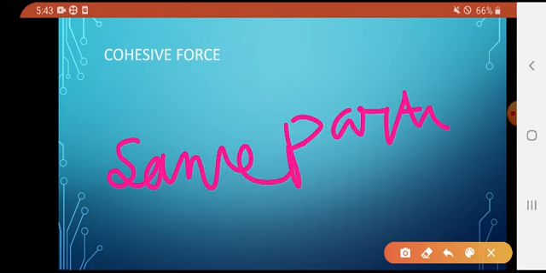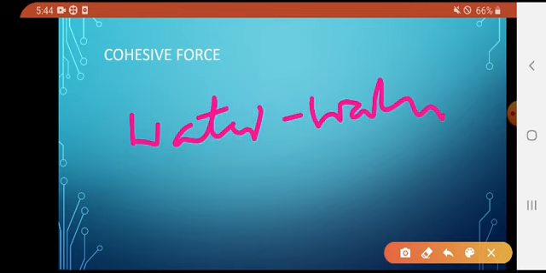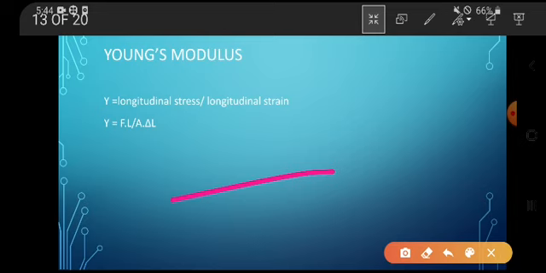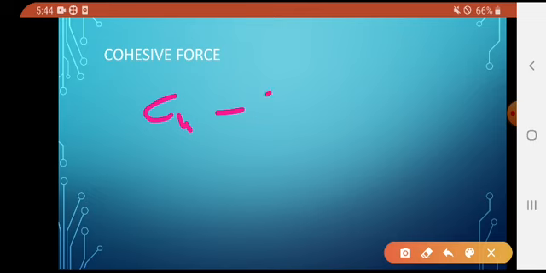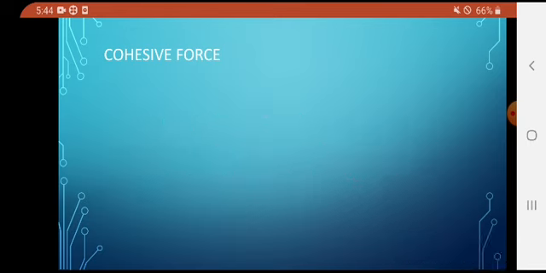Particles should be the same: a water particle and water particle, right? Oil, oil particle, alum, copper, milk, milk particle, right? The force between two same particles is called the cohesive force.